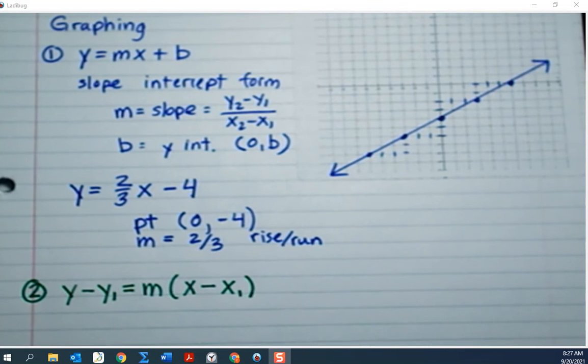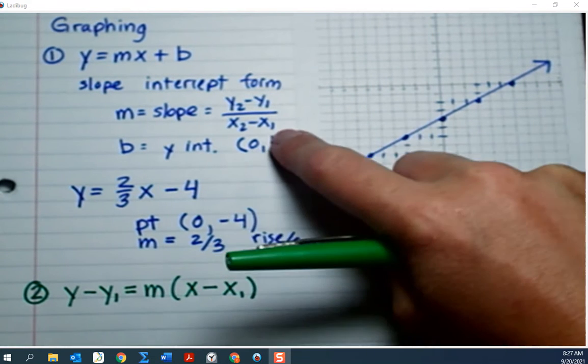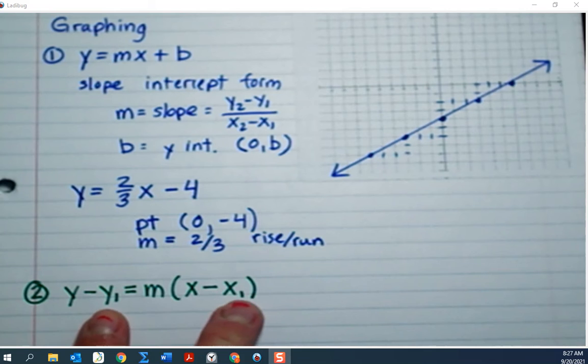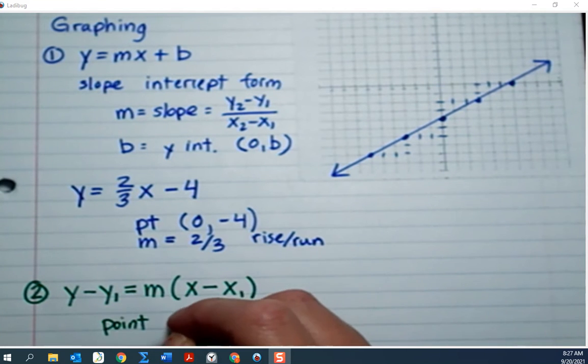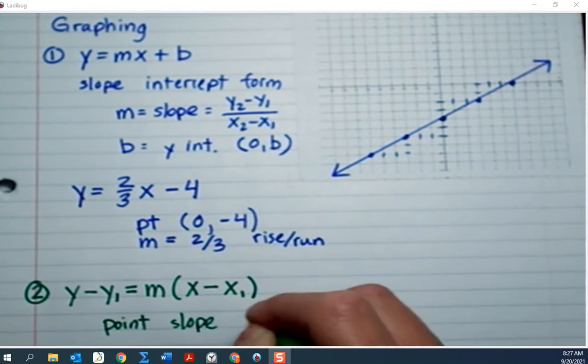This one is called point slope. Why do I call it point slope? Because I have a point. Look at the slope thing. I have one point, x1, y1, and I have a slope. Those are the two things I need to graph this equation. So this is called point slope form.